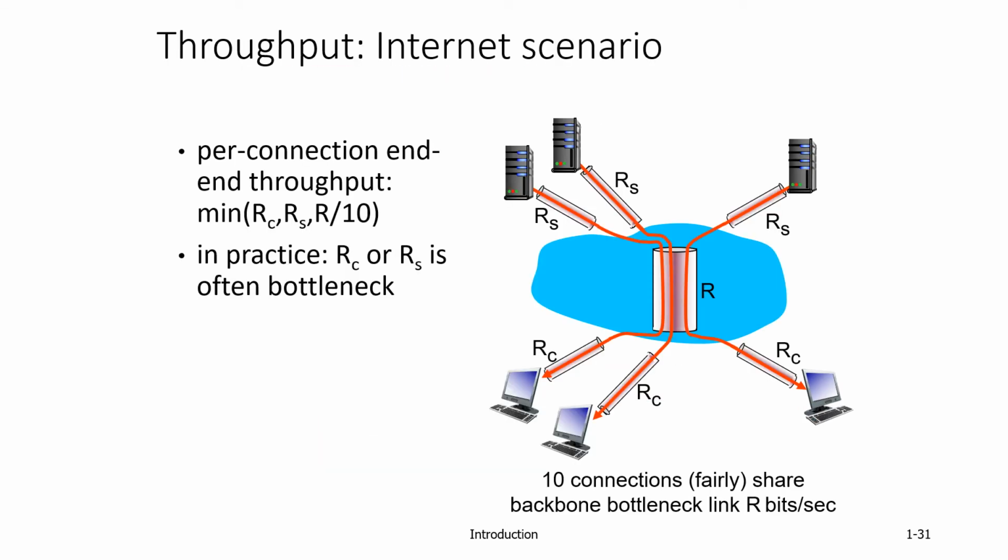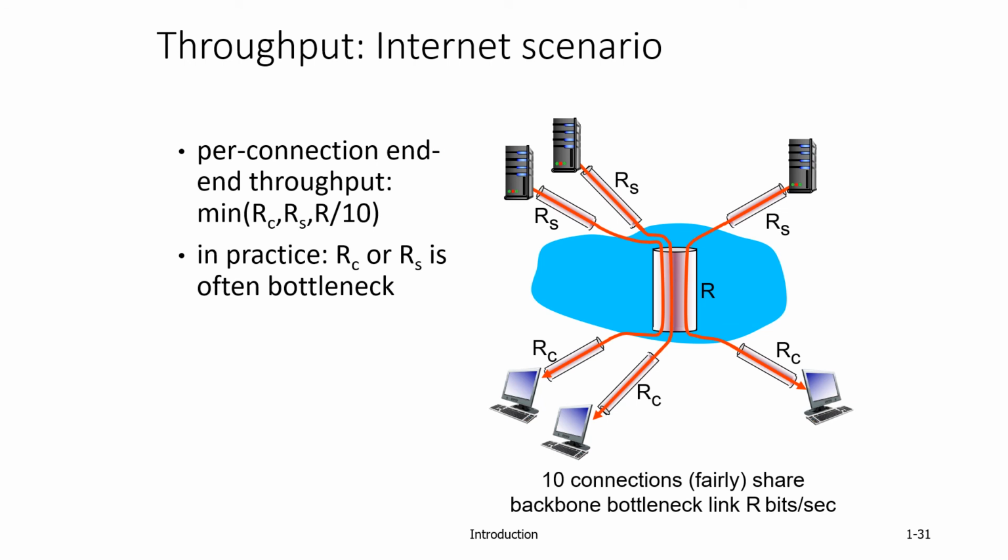This is another example, slightly more complex, in which you have RS, the transmission rate from the server to a central link, which is R bits per second, which in turn is connected to three more links at RC bits per second. We can safely say that the middle link is equally shared among all of these servers. So which is the bottleneck?